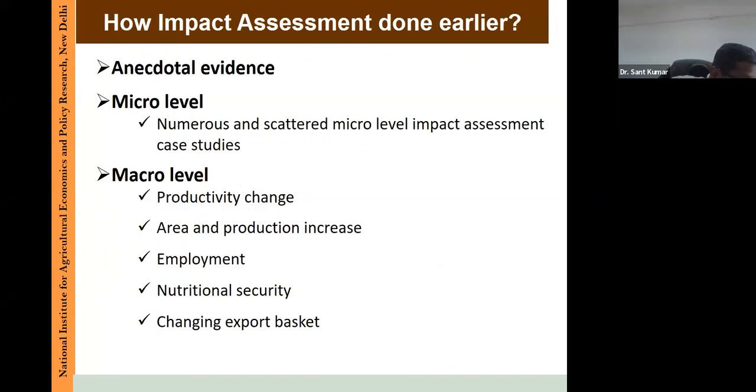So how to make the impact assessment? Earlier, impact assessments were made using anecdotal evidence, evidence from different places in a limited manner, and then the idea was micro level impact: numerous and scattered micro level impact assessments, the case studies, but that also did not give a clear picture for the policy maker.